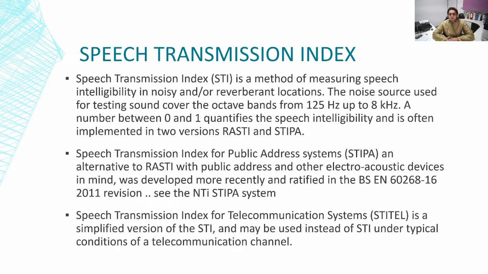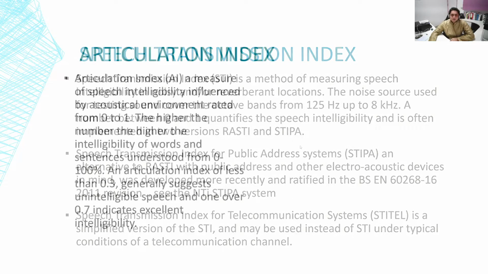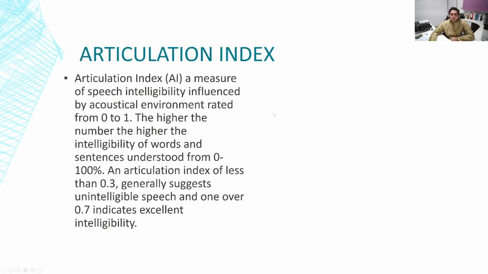The speech transmission index is more for amplified speech, that is, where loudspeakers or sound reinforcement systems are used, whereas the articulation index is used primarily for unamplified spaces, that is, where there are no loudspeakers or AV systems.